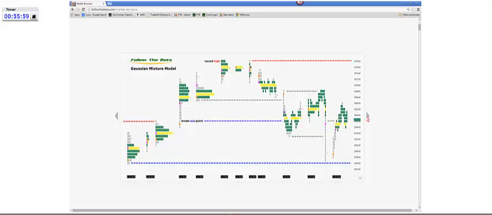This chart that I'm displaying here now is our Gaussian mixture model. Many of you perhaps are familiar with the market profile. The market profile was developed by Pete Steidelmeyer at the Chicago Board of Trade. And this is a version of the market profile. It's called the Gaussian mixture model.